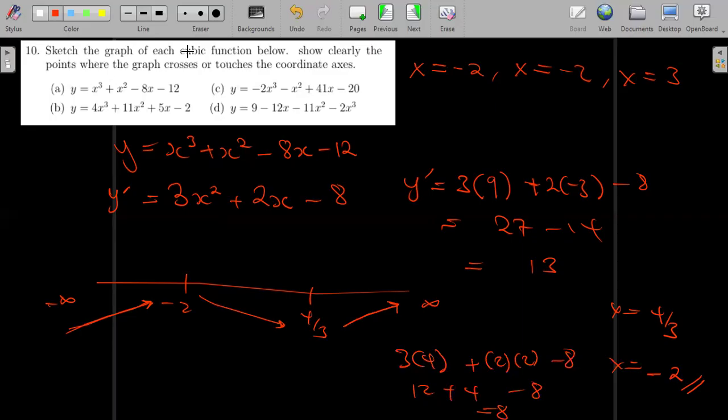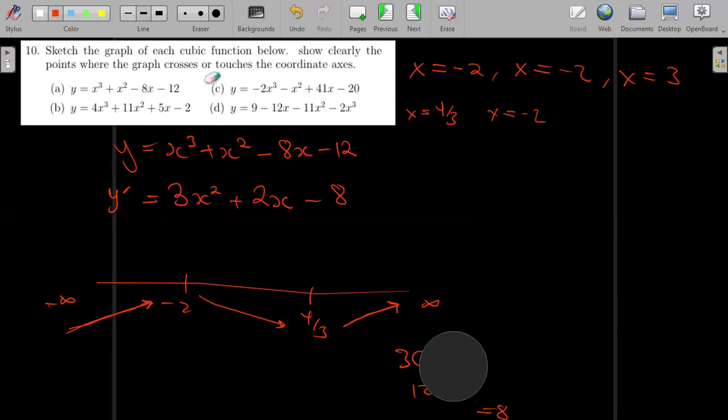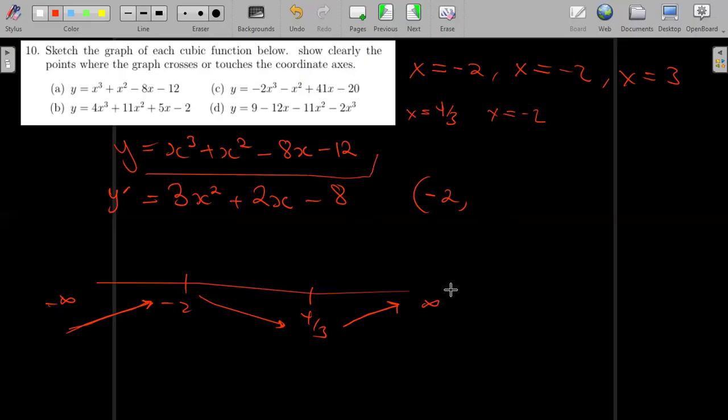After finding that, I'll write my critical values here because I want to erase this part. Now, something else I have to do is get the turning points. How I get my turning points is, with the critical values I found, x equals negative 2 and x equals 4 over 3, I replace x in the original function to find the other coordinate of the turning point.